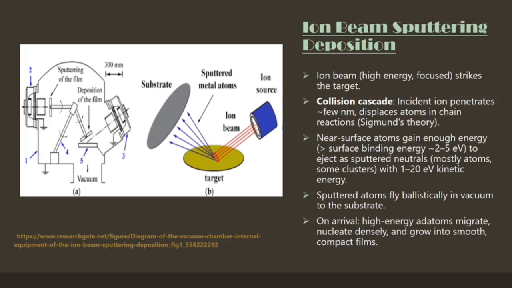Suppose the energy of the ion beam is too low, less than 50 electron volts, nothing much happens. They will just hit it and move on. If it is too high, greater than 10 kilo electron volts, then the ion might implant deep into the target without any sputtering.